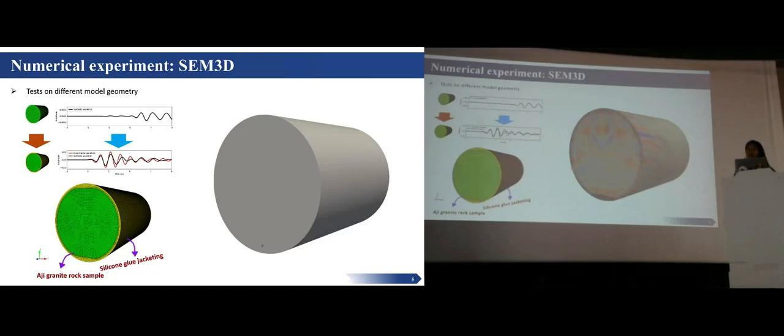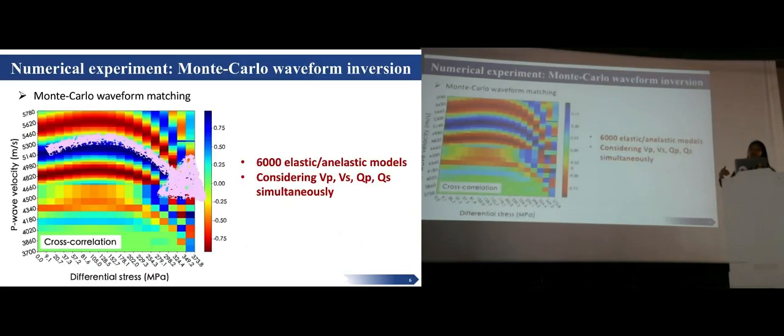After I found the best model, I went for Monte Carlo waveform matching. I computed a lot of elastic and anelastic models, over 6,000, considering VP, VS, P and S wave velocity, and QP, QS, P and S wave attenuation all together, and did a grid search to find the best-fit models by fitting my synthetics with the data.